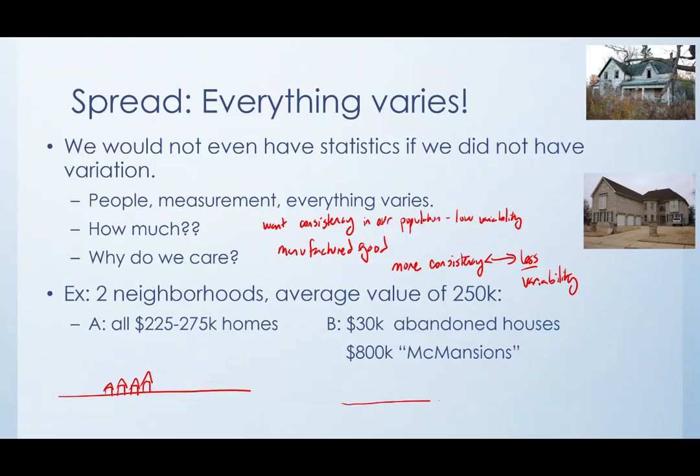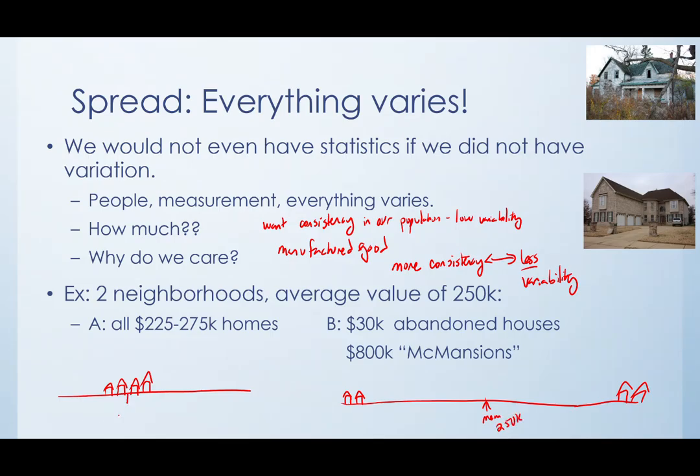Now, neighborhood B also has an average value of $250,000. But unlike our first neighborhood, we've got $30,000 abandoned, falling down houses right next door to $800,000 McMansions, right? You know there are places in Atlanta like that. So this data is way more spread out, but the mean is still there in the middle at about 250.